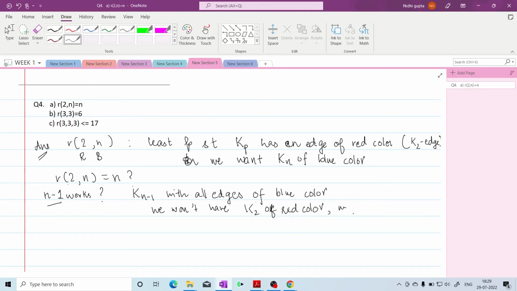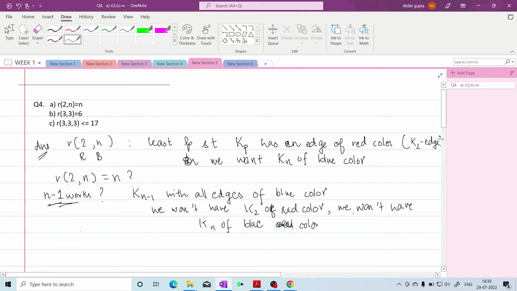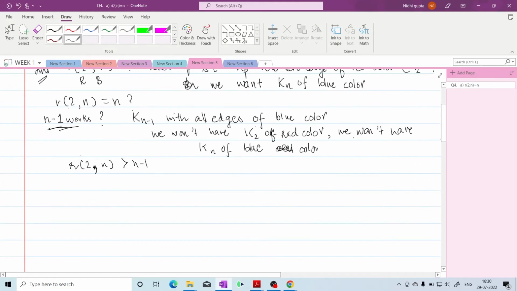Also, we won't have Kn of blue color, because the vertices are n minus 1. We cannot have a complete graph of n vertices inside a complete graph of n minus 1 vertices. So n minus 1 doesn't work. Therefore, R(2,n) has to be greater than n minus 1.